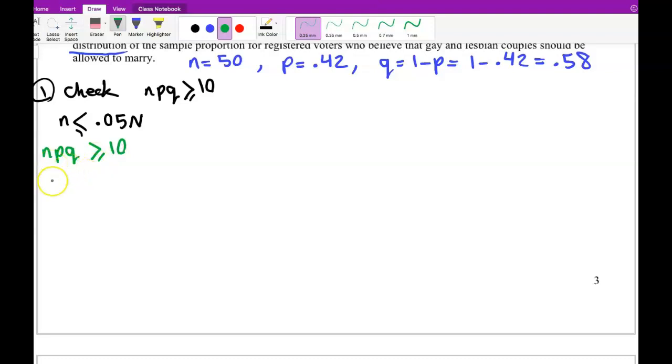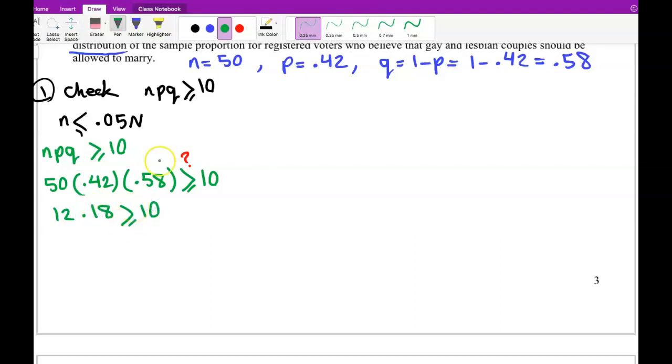For n we have 50, p is 42%, q is 58%. Multiply all these, we have 12.18, which is greater than or equal to 10. So yes, this part is correct.